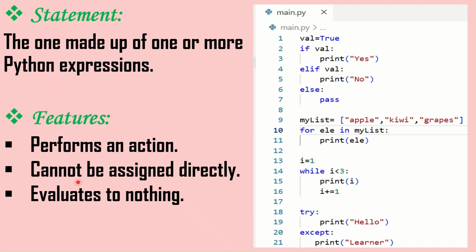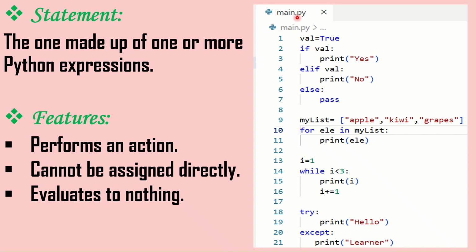And just as an expression can be assigned to a variable, statements cannot be assigned directly to a variable or to anything. Finally, an expression evaluates to a value, but statements do not evaluate to anything. Statements only perform an action but evaluate to nothing.